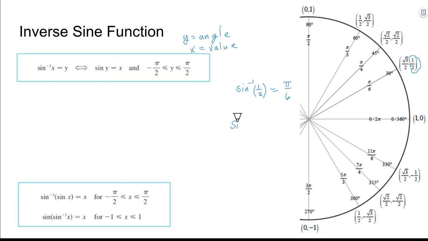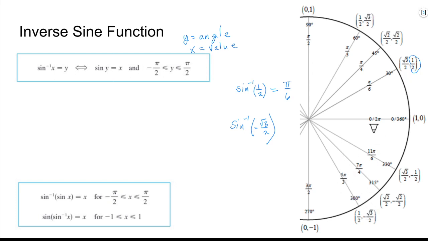Likewise, if I want to find the inverse sine, which you'd also call the arc sine, which you'll see done in there, say of negative square root of 3 over 2. I look, okay, it's not negative up here, there's a square root of 3 over 2, but that's a positive one. Oh, here it is, negative square root of 3 over 2. So it's this angle here.